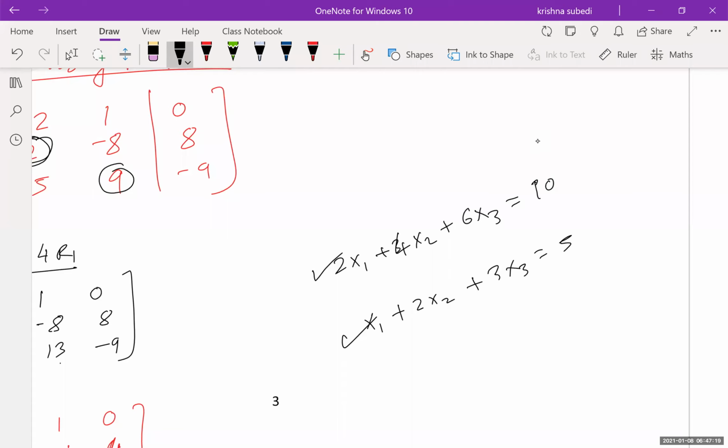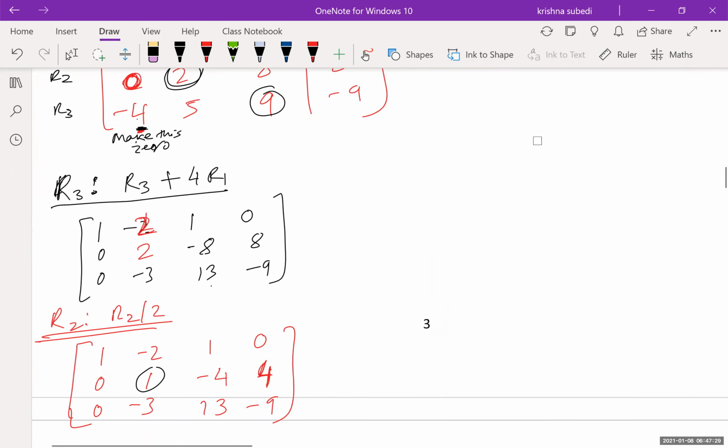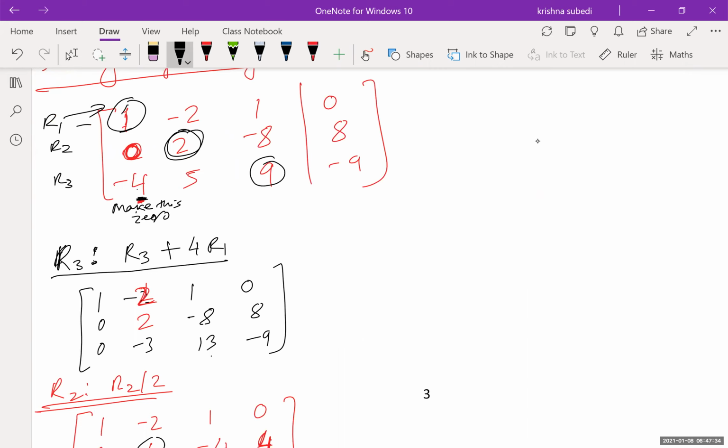I have a question, sir. Yes, go ahead. So R3 always has to be R3 plus 4R1, is that a formula, or only in that case can we apply it? Okay, remember, our goal here, in order to solve this system using the matrix, is that this guy, we call it pivot or leading term for that column.